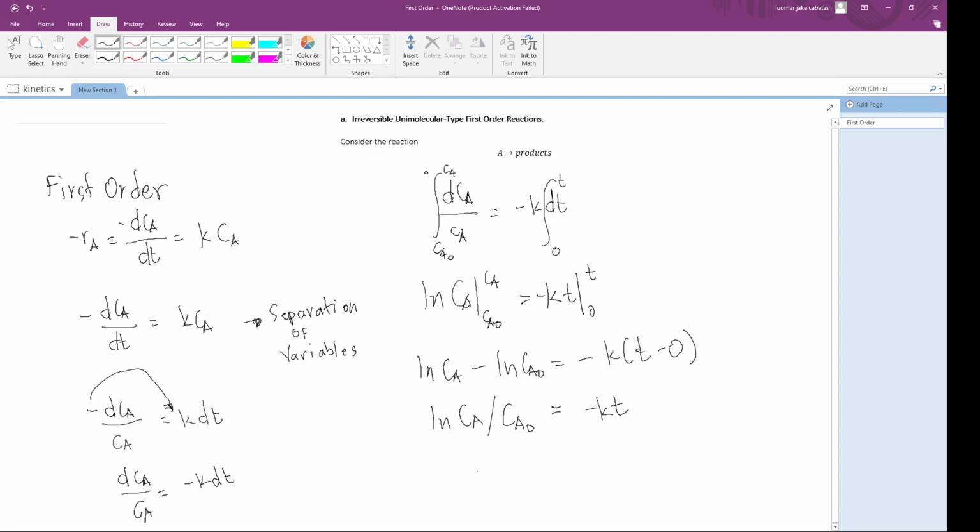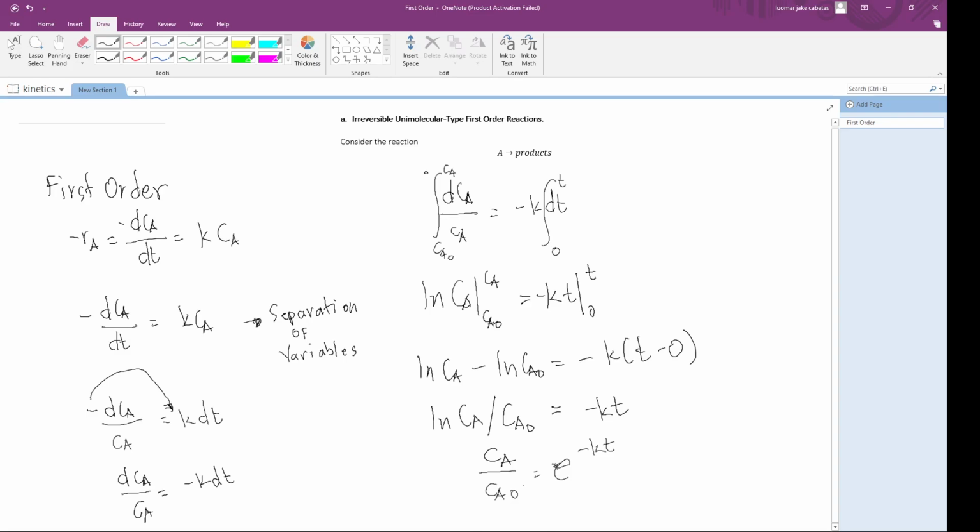So applying the property of ln, we have CA over CA0 is equals to e raised to negative kt.